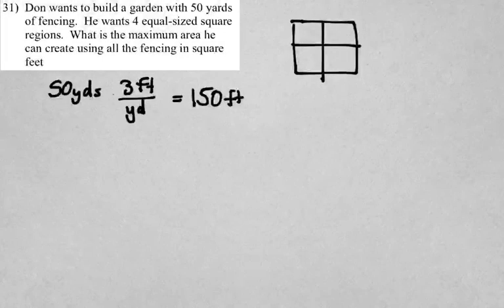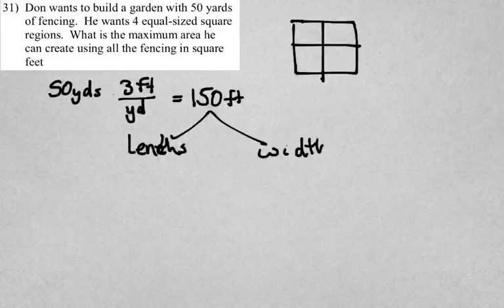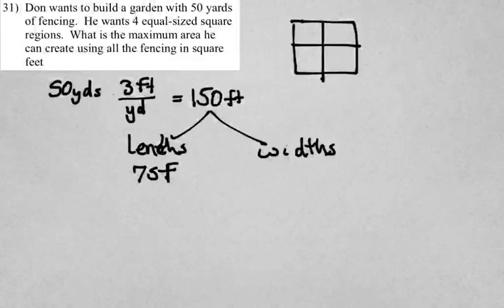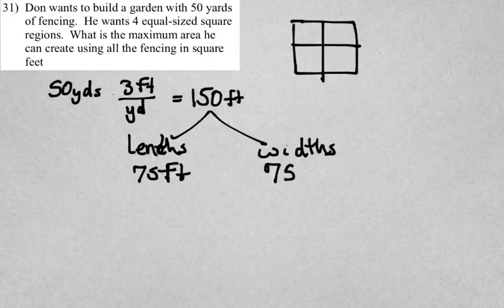And since we have multiple things going on here, that means we need to divide it into our 2 groups, our lengths and our widths. And that means I have 75 feet to use for my lengths and 75 feet to use for my widths.